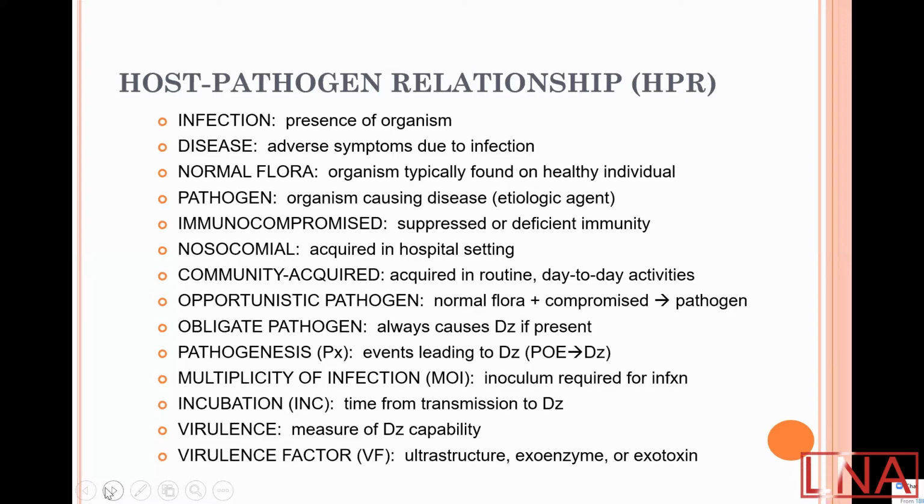Incubation period is the time from transmission to the first clinical manifestations, to disease, as you know. Virulence is a measure of disease capability, a measure of pathogenicity. We can measure virulence by measuring virulence factors. Virulence factors here are usually ultrastructures, exoenzymes or exotoxins.